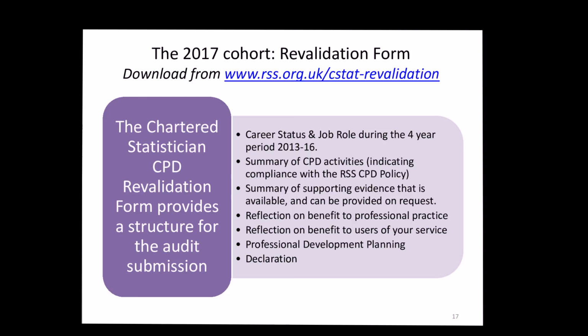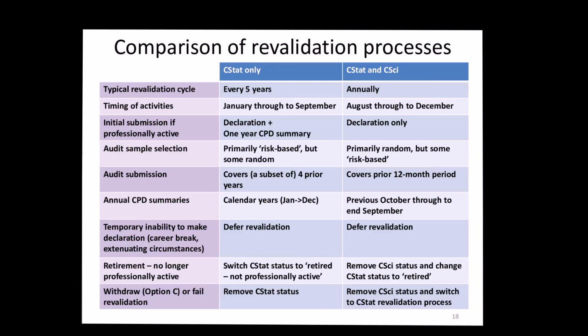So having talked in detail about that, let's now describe the differences between that process and the CSci revalidation process. And that's described on slide 18. So I'll step through this line by line. I'll do it relatively quickly because I think in essence we've mentioned most of these before, and we can always expand if you wish in the Q&A part.